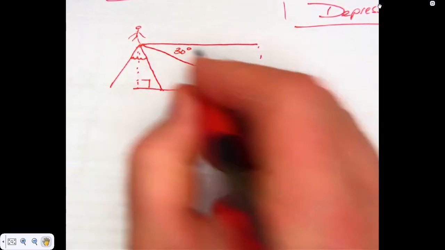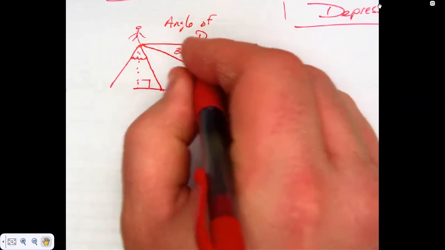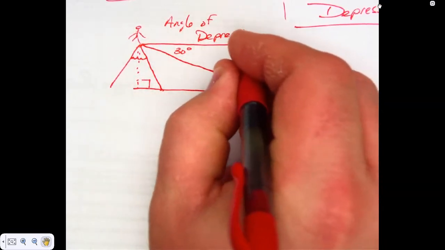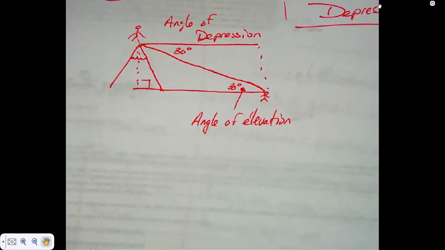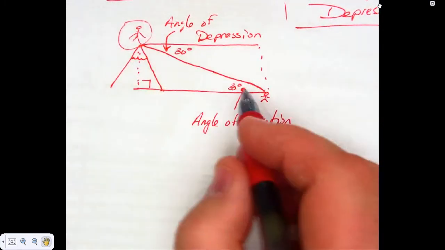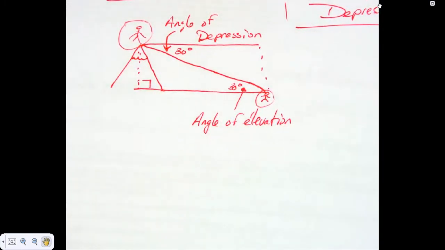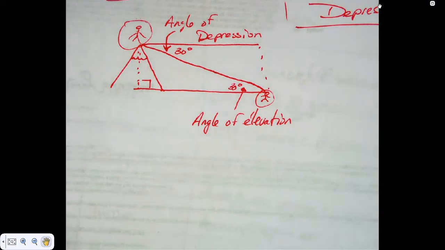From his perspective, this is an angle of what? Depression. It's that simple. So it is important what perspective you're dealing with. Does that make sense? This is an angle of depression with respect to this dude. This is an angle of elevation with respect to him. Does that make some sense?